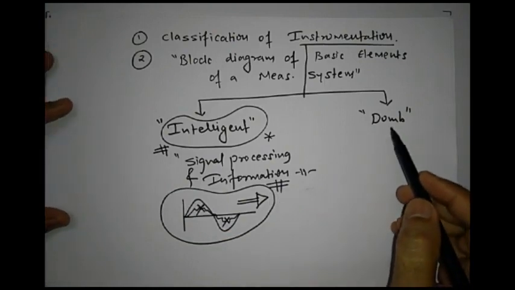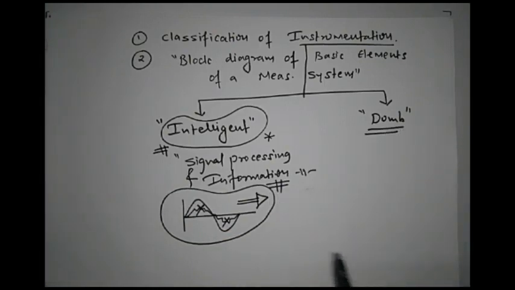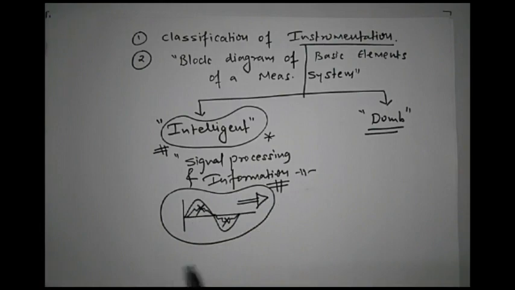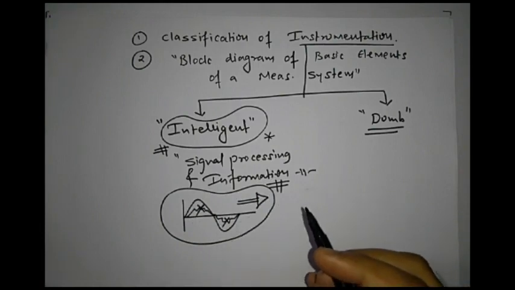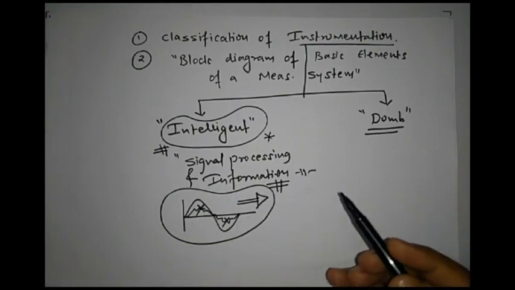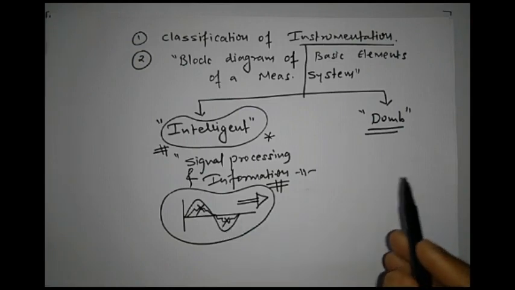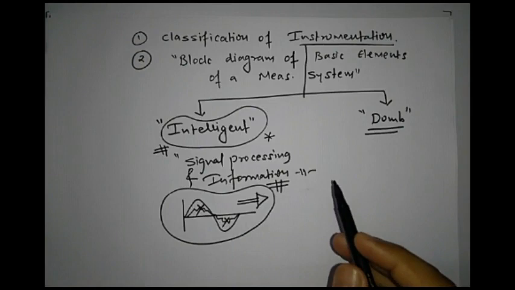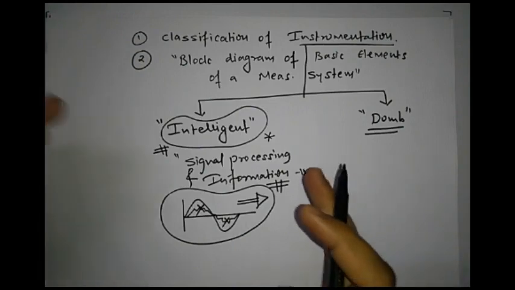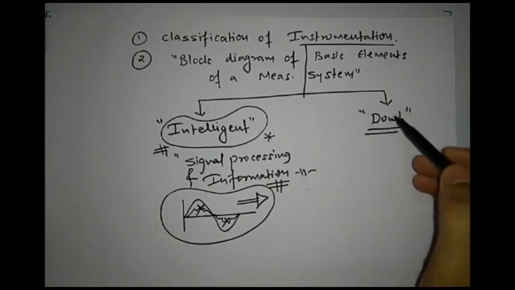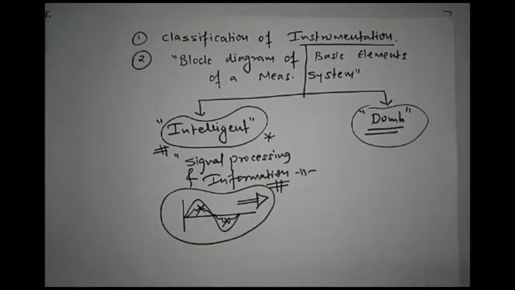Whereas in the case of a dumb type instrumentation system, once the value of the unknown quantity is measured with the help of any given instrument, if the signal is accompanied by some unwanted signal, it is the whole and sole responsibility of the observer to remove all those unwanted signals from the main signal. That type of instrumentation system is called a dumb instrumentation system.